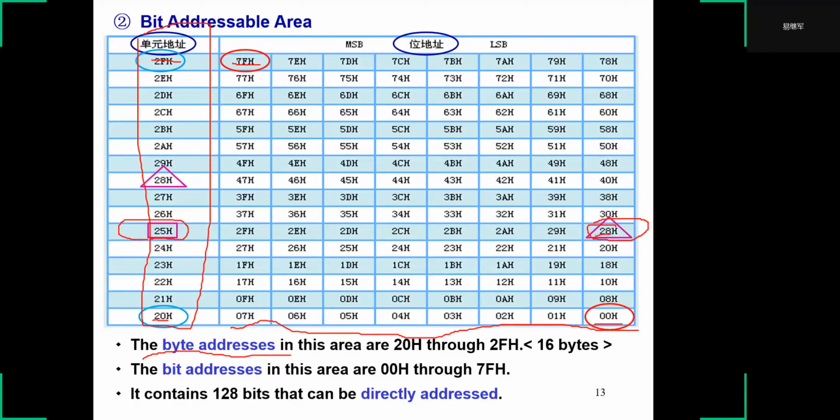Here is 0, 1, 2, 3, 4, 5, 6, 7. Here, this bit address is 2DH, or you can just use 25H.5.